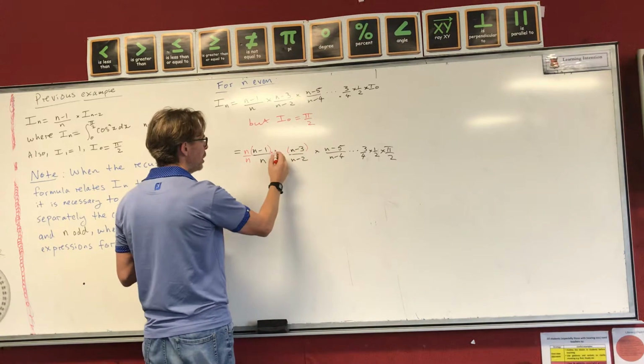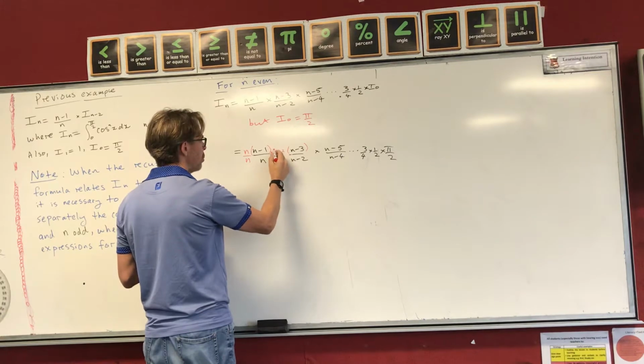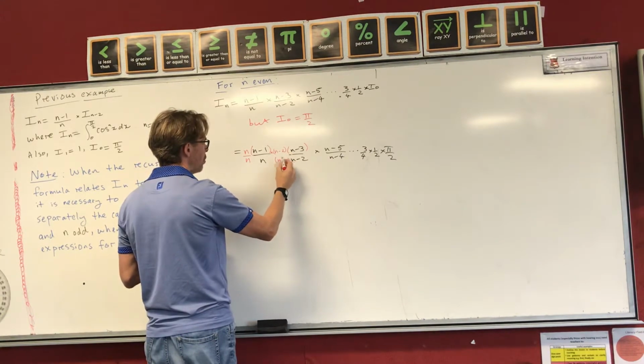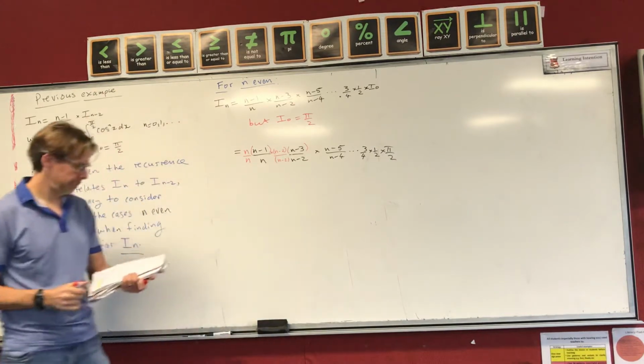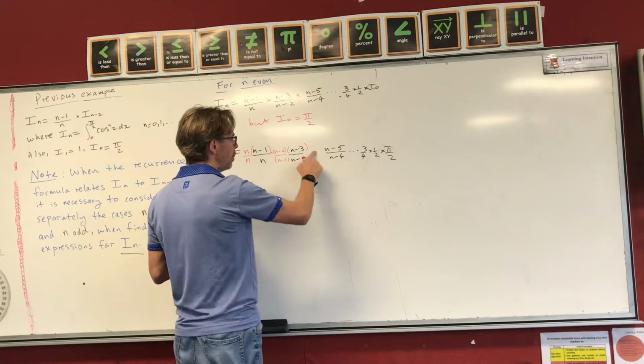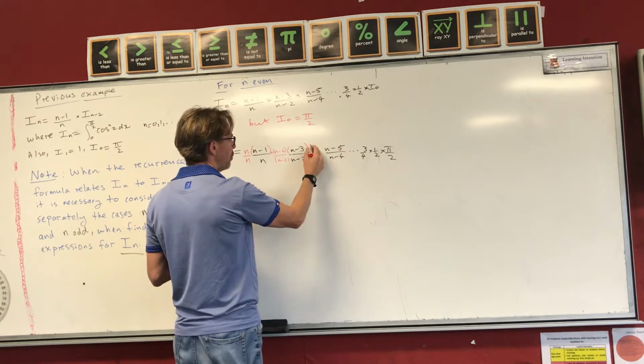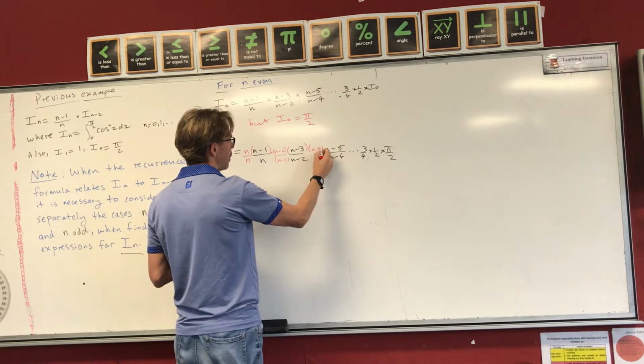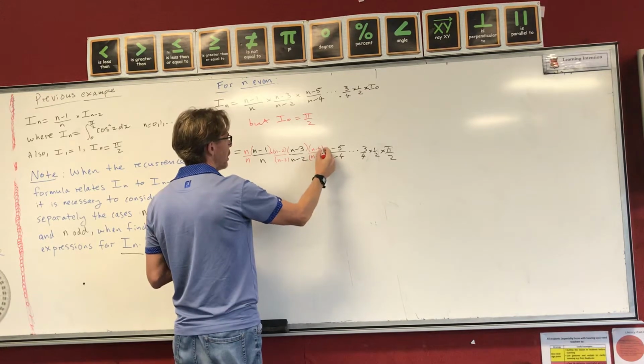Now, in between, I really would like to have an n minus 2. That means I must also do the same thing over here. I'm going to rub this out, I really would like an n minus 4 in there. Okay, and then n minus 4 there.